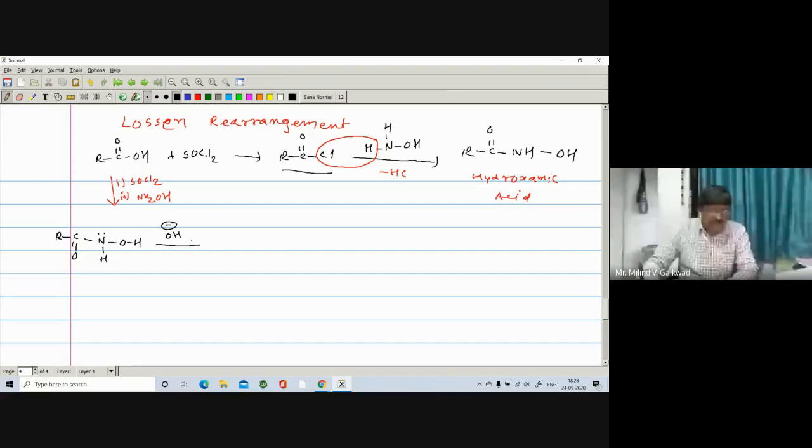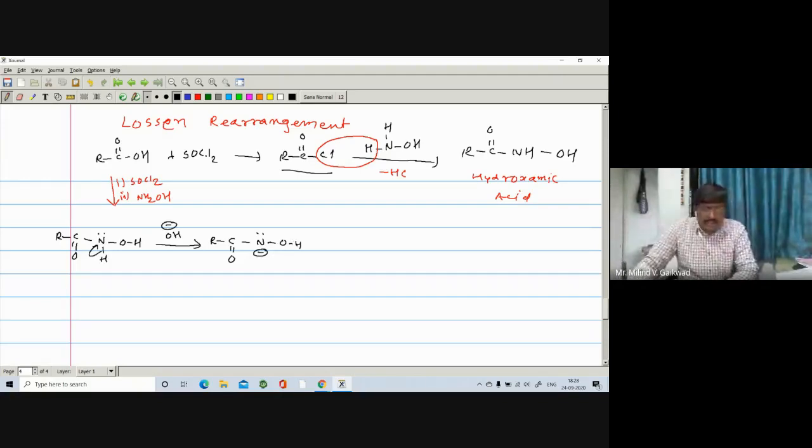If we carry out in the presence of base, this OH is the base. This sigma bond will open on the nitrogen, nitrogen negative, H positive. So you have R C double bond O, here is N, here is O H, and nitrogen carries a negative charge.